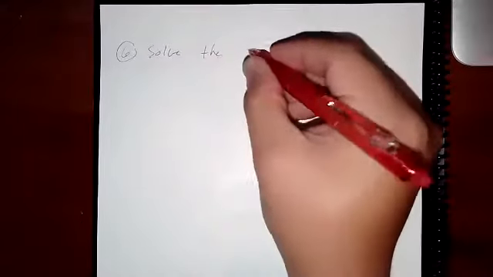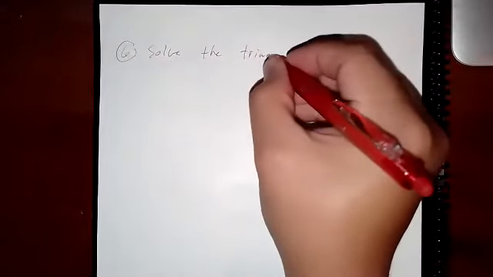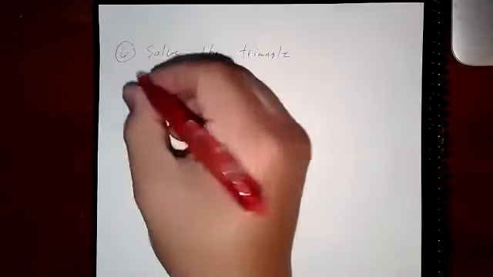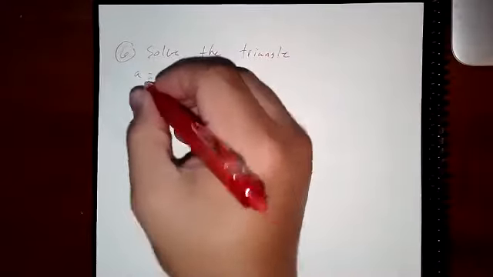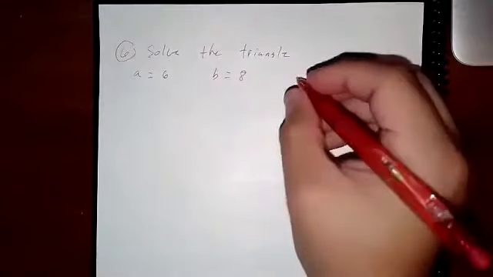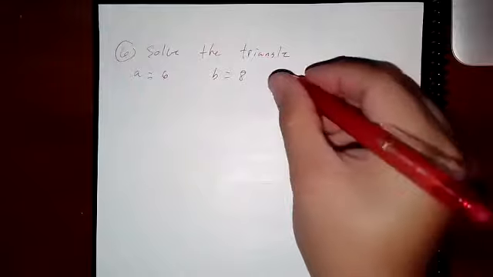Solve the triangle. Lowercase a is 6, lowercase b is 8, capital C is 70.